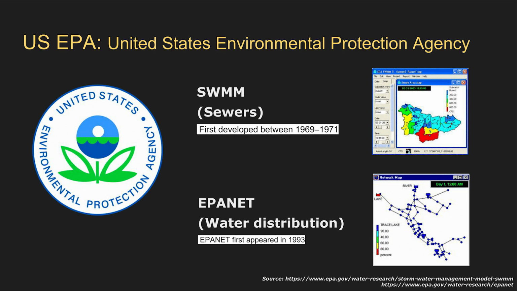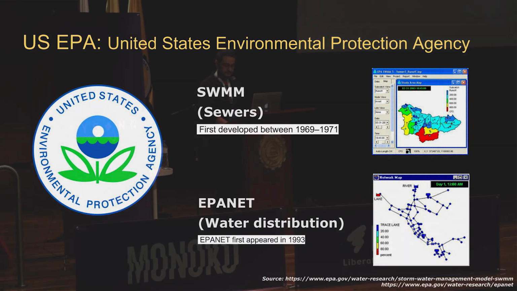One called SWMM, which is the one we're going to talk about today, basically allows us to model the urban water problem for sewers, stormwater, and infiltration, whereas EPANET is designed for water distribution networks.